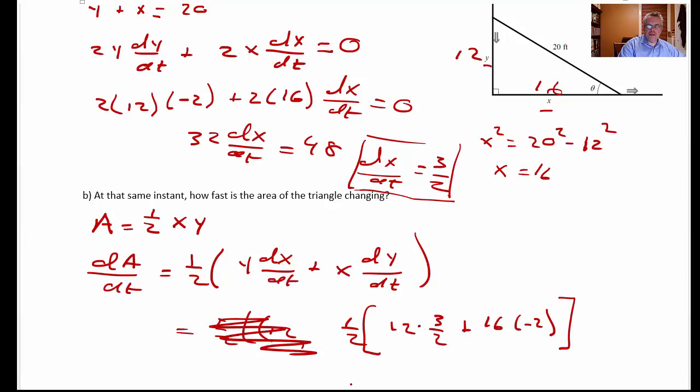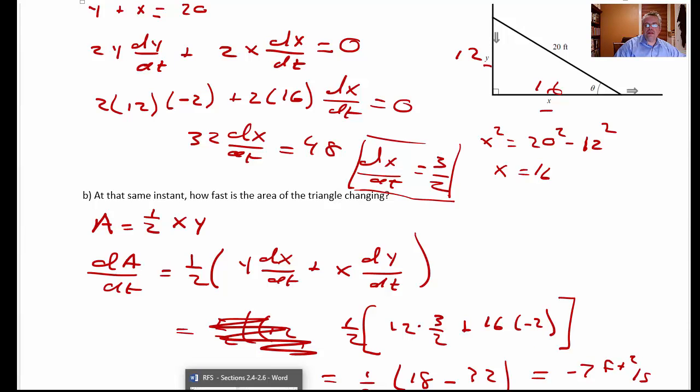This should end up giving us dA/dt, so we get 1/2. 12 times 3/2 is 18. 16 times 2 is -32. That looks like -14. I think I end up getting -7. All right, and that would be feet squared per second.